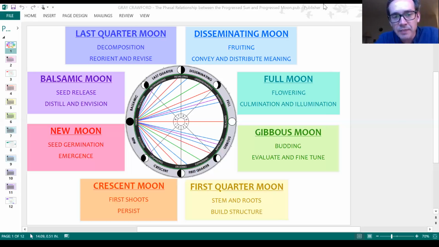You don't actually have to have a chart calculated on the computer or by hand. You could count 18 days and see where all the planets are. If you make a chart out of that, that would essentially be your progressed chart for when you turn 18 years old.